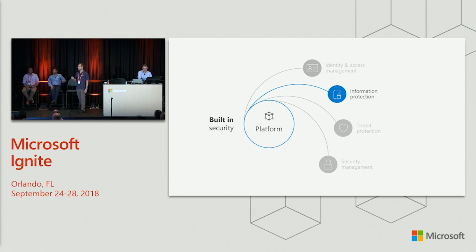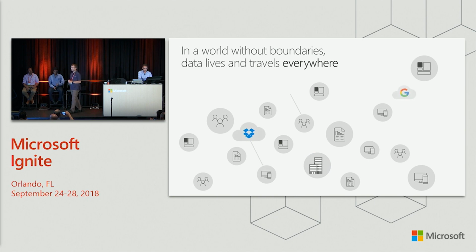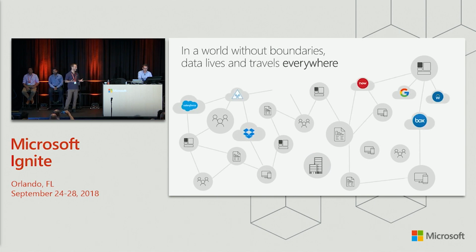As I mentioned, we have a lot of different investments that we've been making and highlighting today and yesterday at Ignite. For today, we're going to be focusing on some of the investments we're making in our security pillar around information protection and how you can keep that content secure throughout its life cycle. I'm sure many of you in this room are quite familiar with the life cycle of your data today. We no longer live in a world where we could rely on that content being safe behind some firewall or on some private network.